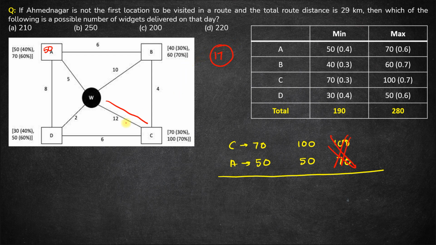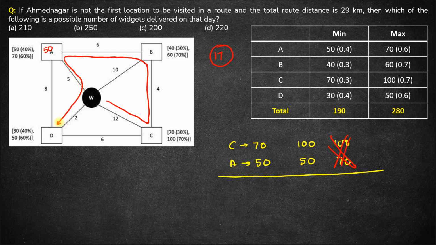If you go to any other city via the warehouse after C, that's going to be a very long journey: 12 plus 10 to B, or 12 plus 2 to D, or 12 plus 5 to A. So it's better to go from C to B, then to A, and then from A to D, the least route will be via the warehouse.